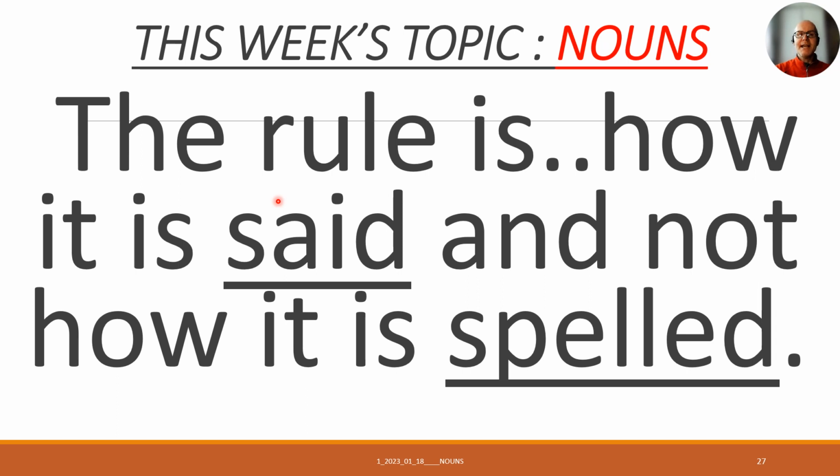If the word is said like it starts with a consonant, irrespective of whether it actually is spelled as if it's beginning with a consonant, then the article would be a. Say it with a vowel, it has to be an. You say it beginning with a consonant, it has to be a.